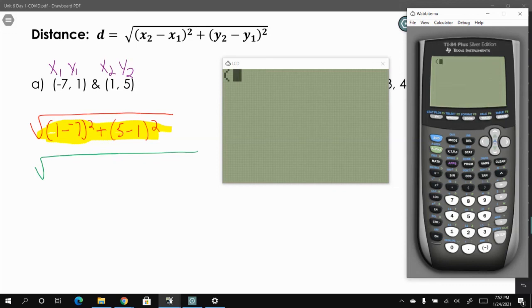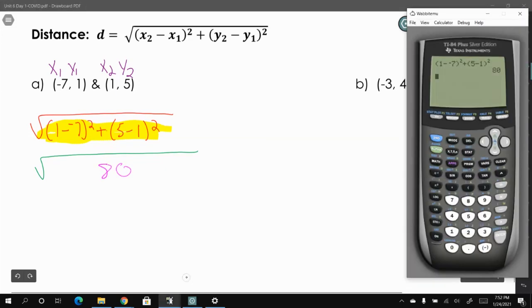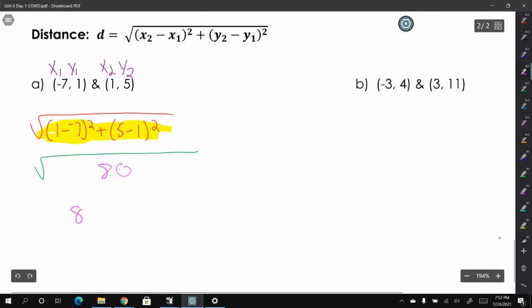So parentheses 1 minus -7 squared plus 5 minus 1 squared. And you get 80. So then let's do the square root of 80. We get 8.94.